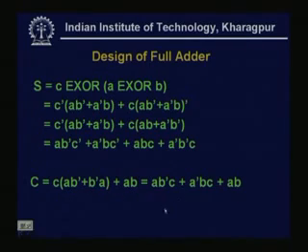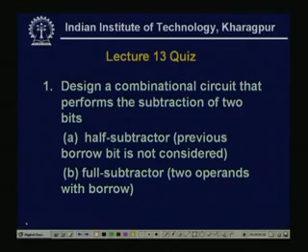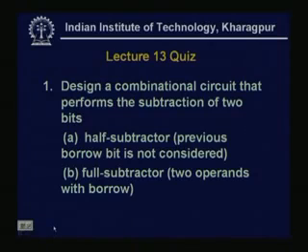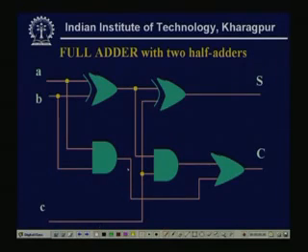So what we have done for this C: this AND input is AB, and this AND output has one input A XOR B ANDed with C, and this is the AB.